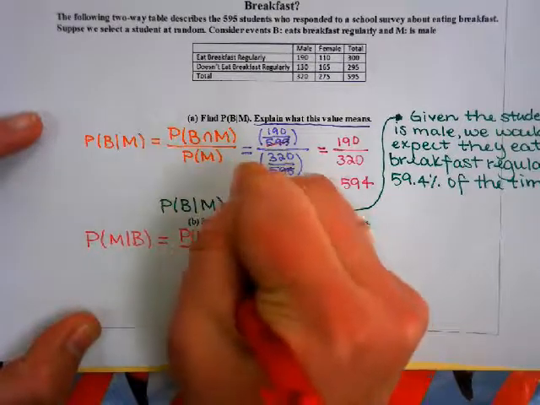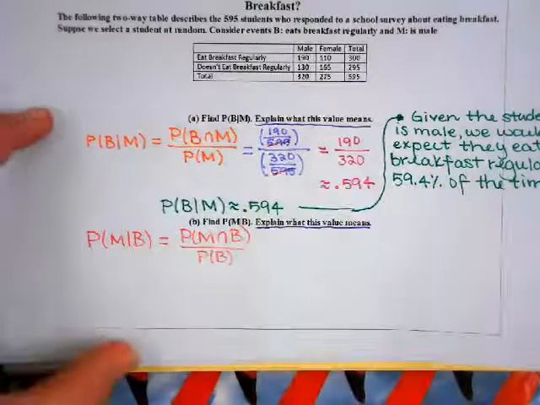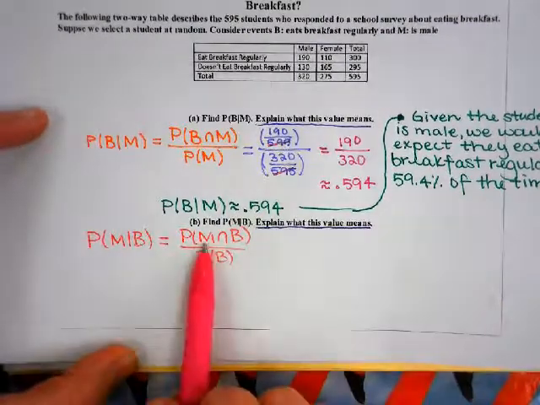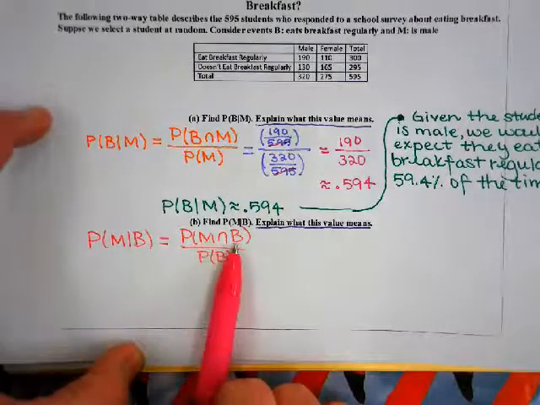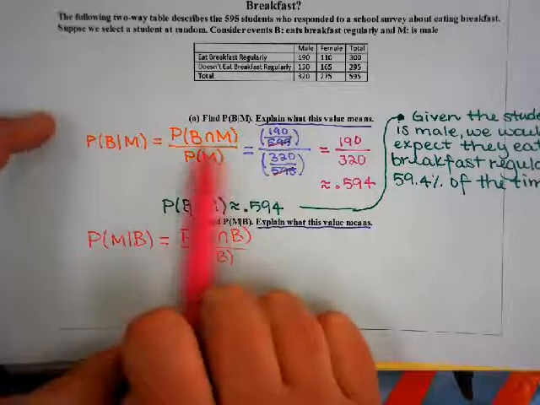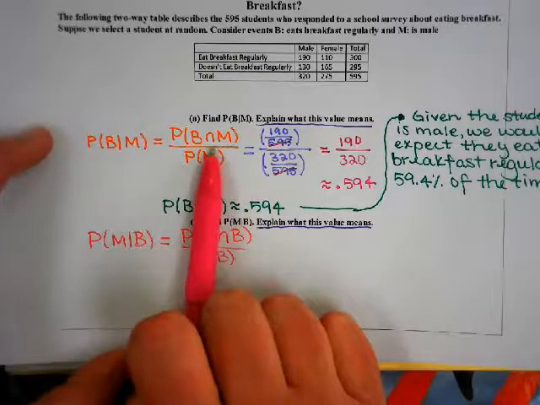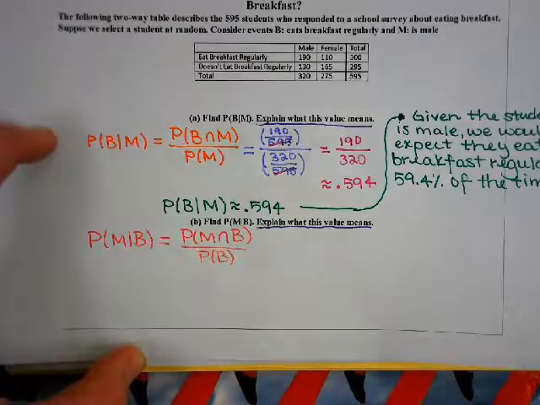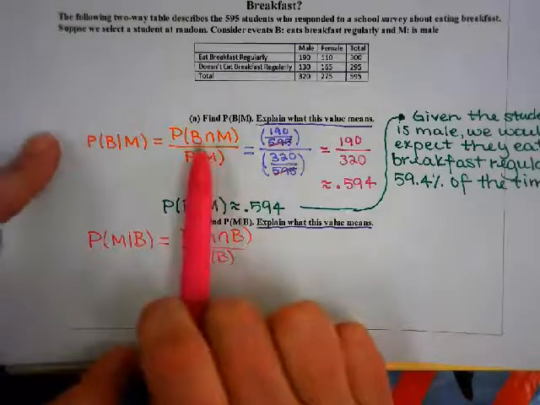The probability they're male and eat breakfast is the same as the probability they eat breakfast and they're male. The word that comes to mind is commutativity. It doesn't matter which order, whether you say male and breakfast or breakfast and male, it's the same probability.